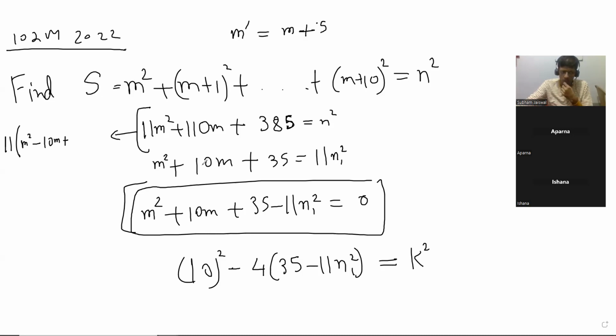What it has to be modulo 11. So m square plus 10m is minus 3, so 8 mod 11, right? Or no, 9 mod 11. Just check it.